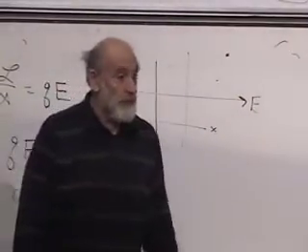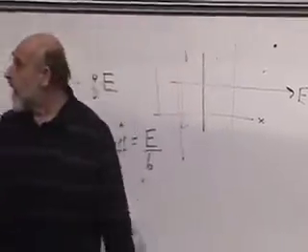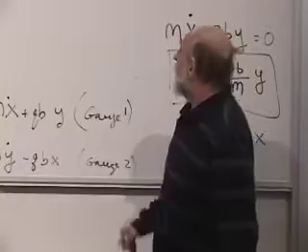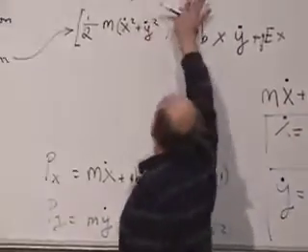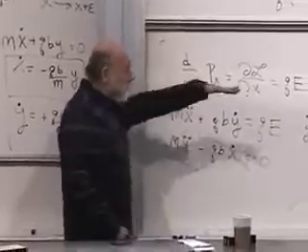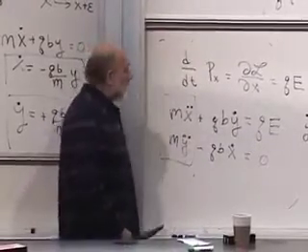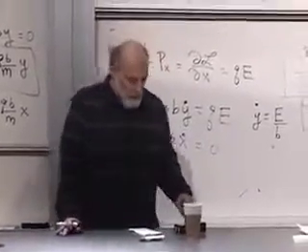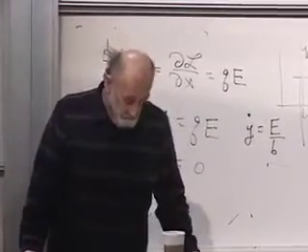That is a solution of the Lorentz force law. No acceleration, no velocity. We have no electric field now, no velocity, no acceleration. That's a solution. But when we turn on the electric field in the x direction, the particle moves off along the y-axis. That's called the Hall effect.